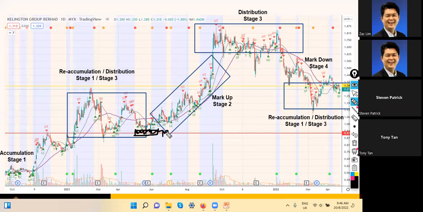Like if you can remember Hatta, when it dropped to the line, there was sideways movement, then a few upthrusts before the big move came in. It is the same for this type of concept. If you see the price come back here and zigzag sideways, there is a likelihood of a big drop.